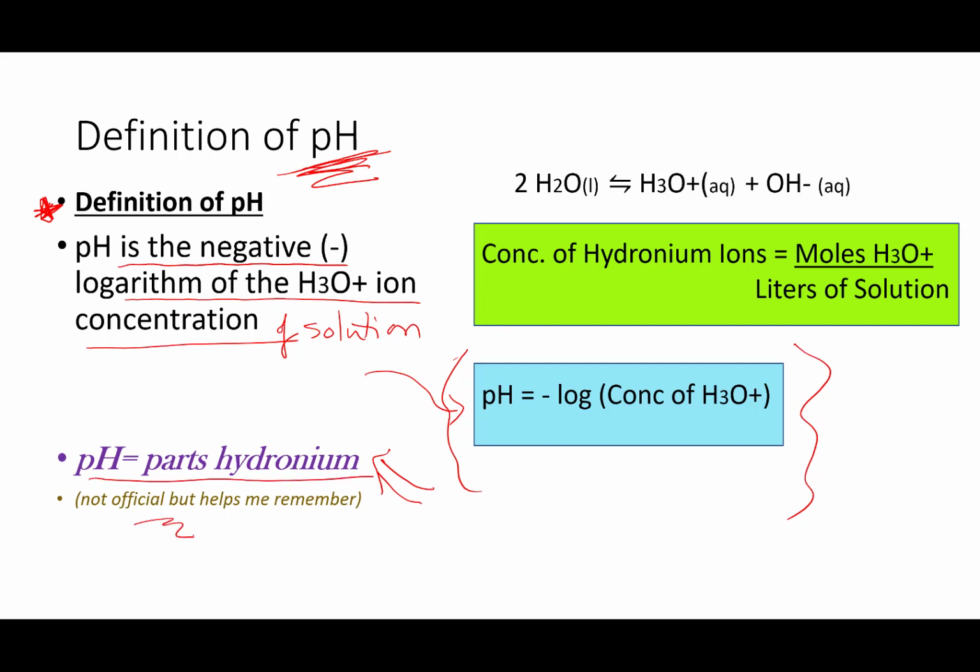It's not official. It's not actually what pH stands for, but I think of it that way because it has to do with the concentration of hydronium ions in a solution. So we want to know how many moles of hydronium are going to be in a liter of solution. And we've talked about concentration in the past.